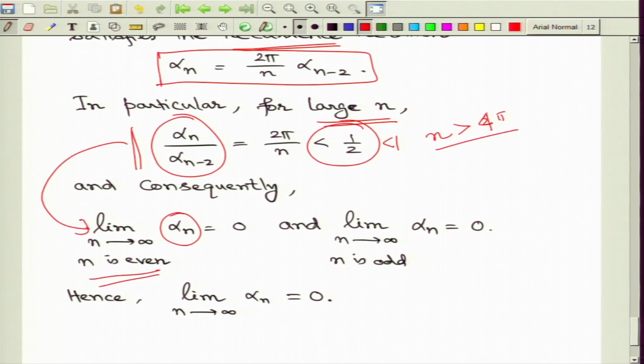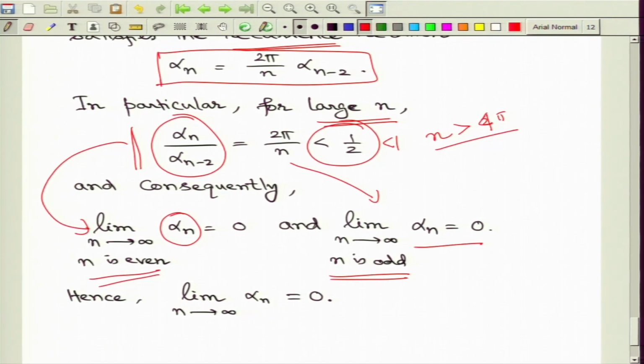Again, if you are considering odd numbers n and let it go to infinity, then we first observe that n and n minus 2 both are now odd numbers, and then again we appeal to this ratio, and therefore, for large n these alpha n's must be small, and as a consequence of that the limit of alpha n's must be 0.